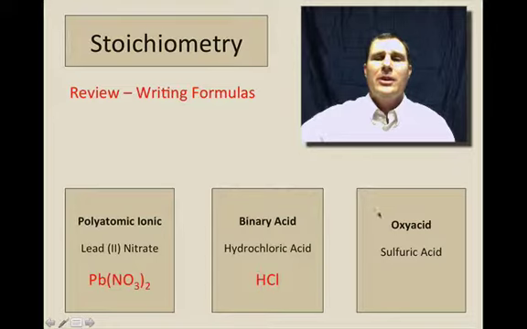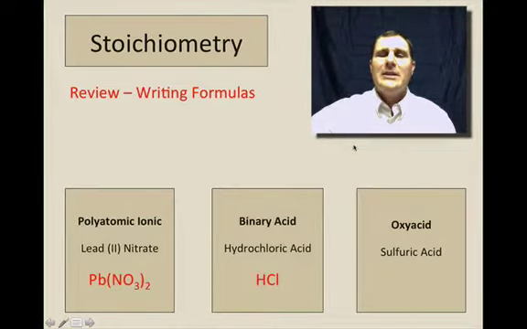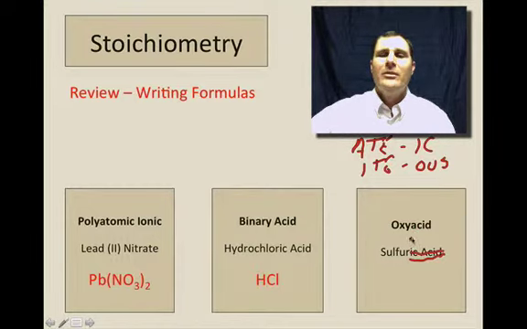The last one is going to be my sulfuric acid. Remember, these acids, my oxyacids, are the ones where I ate so much that I got sick, and the dog bite us. Alright, so with that, I see the ic acid, and since it's ic acid, it must have started as an ate.